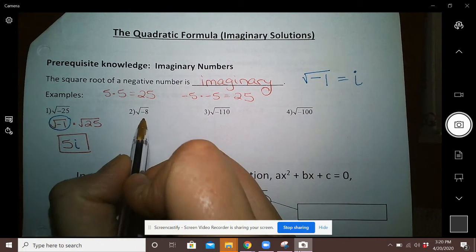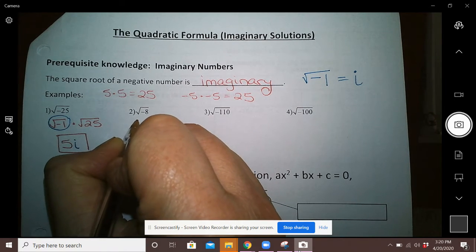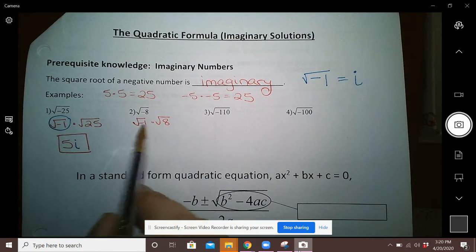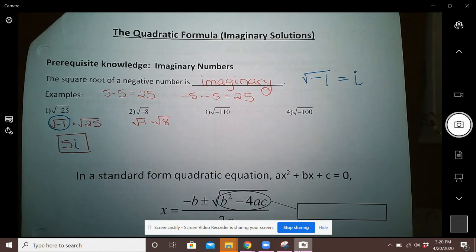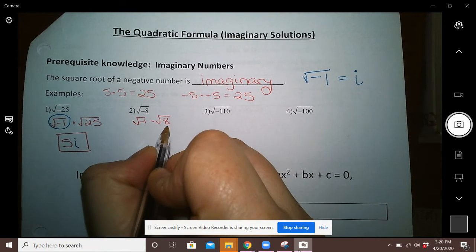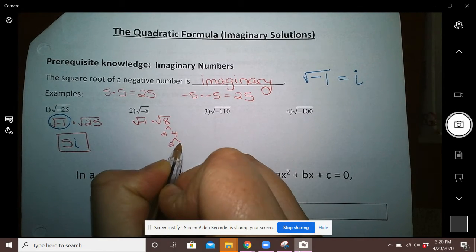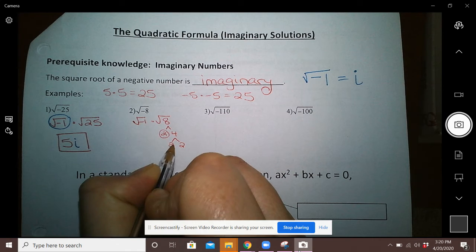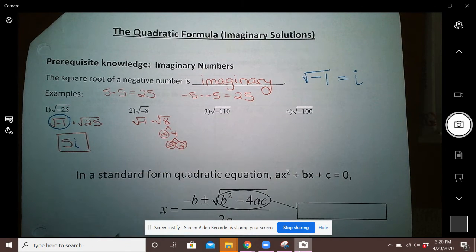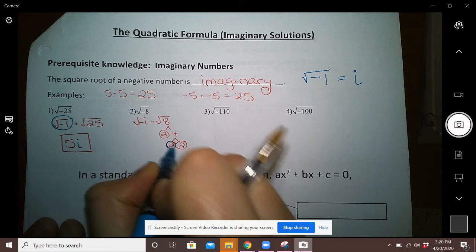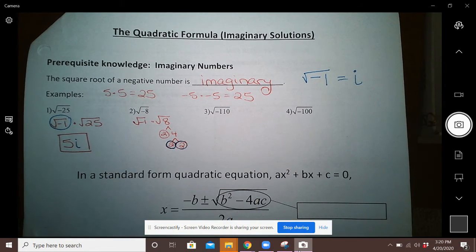Okay, let's do that with negative 8. If I break this up into the square root of negative 1 times the square root of 8, the square root of 8 we have worked on so many times. I know that I need to simplify this. That's 2 times 4, and 4 is 2 times 2. So here's all my prime numbers. I'm looking for pairs. So I'm going to pull out a pair of 2s to write out front.